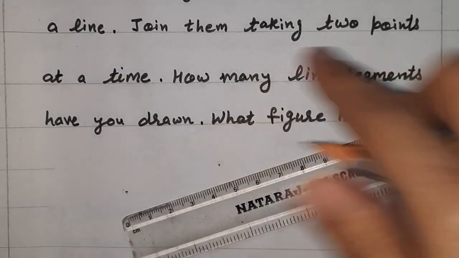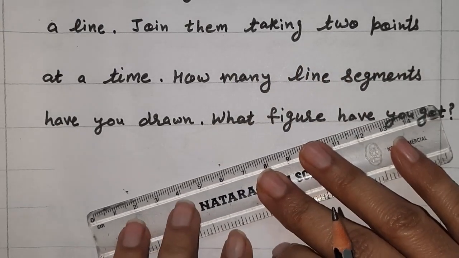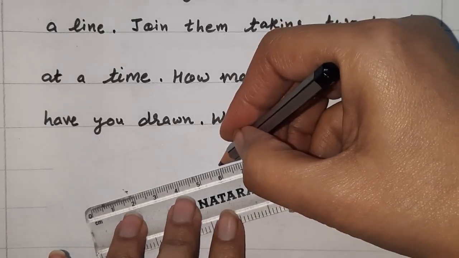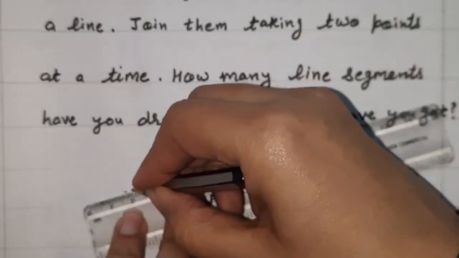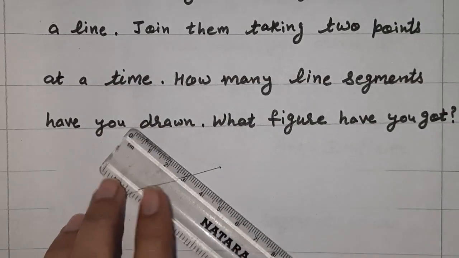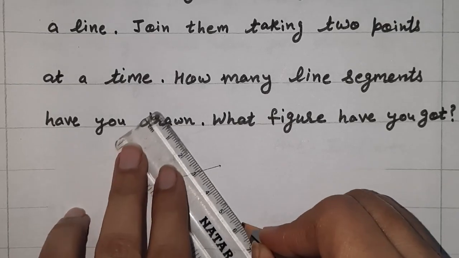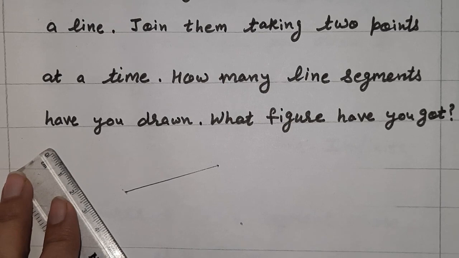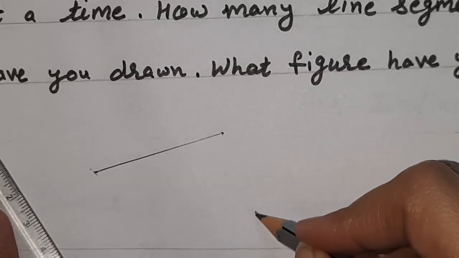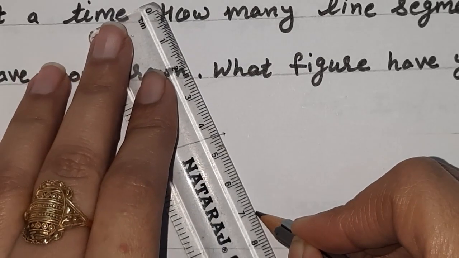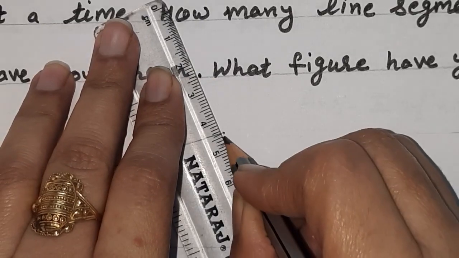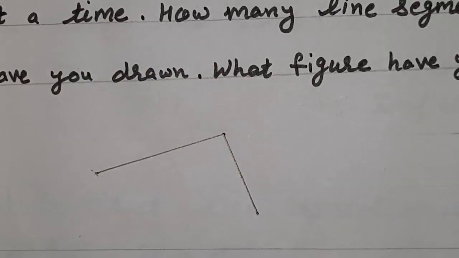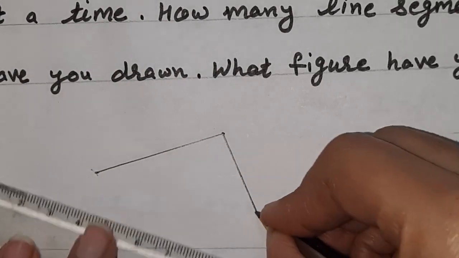Now we will join taking 2 points at a time. First and second point, then second and third point. These points are visible or I have to zoom? Let me zoom it. Now see. First and second we have joined. Now second and third. And now third and first.